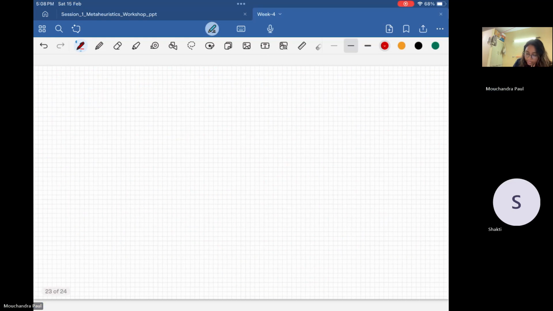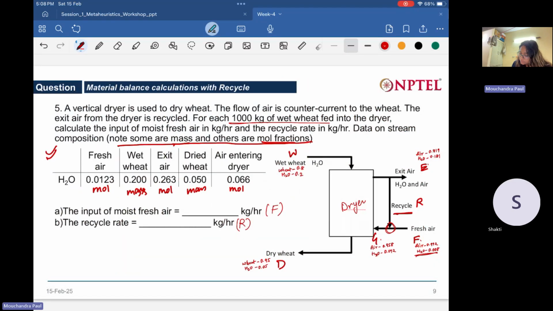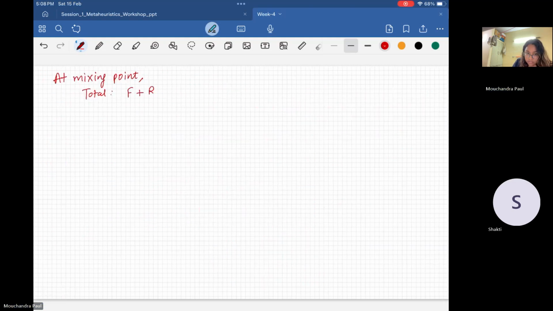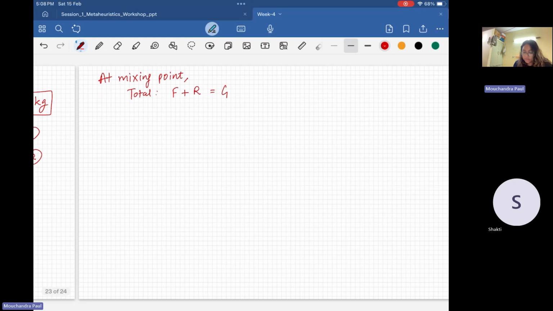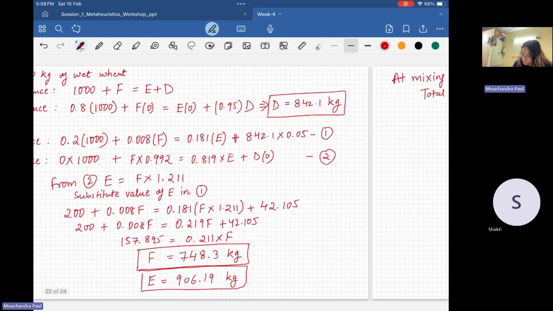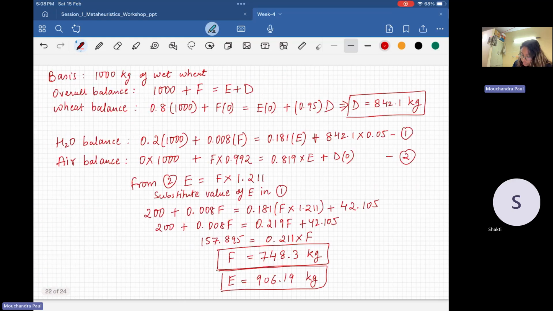At the mixing point, if we do a material balance, a total balance first, F plus R equals G. And we already know the value of F. G and R both are unknown for us, right? F is 748.3.